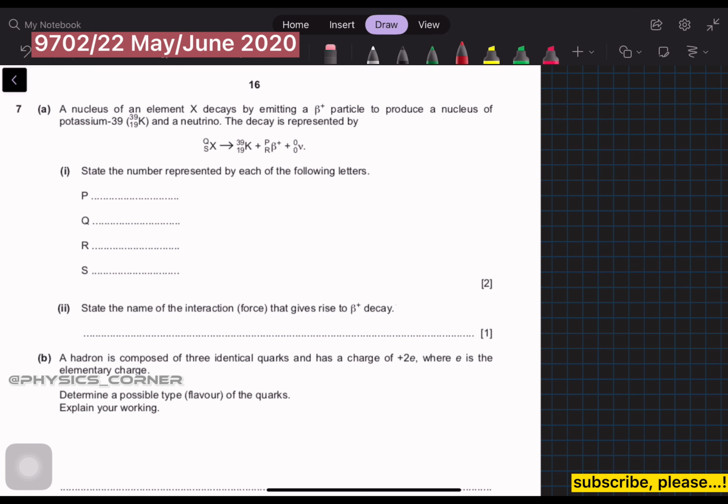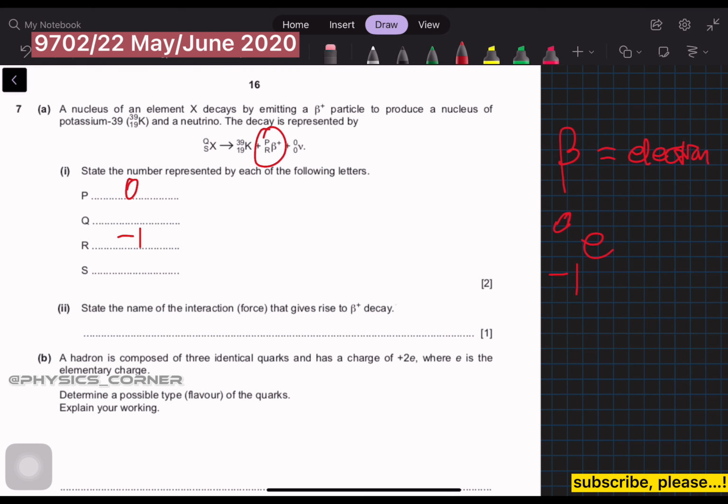Start from beta. Beta is the electron, and the electron is 0 and minus 1. So we can decide P is 0 and R is minus 1.